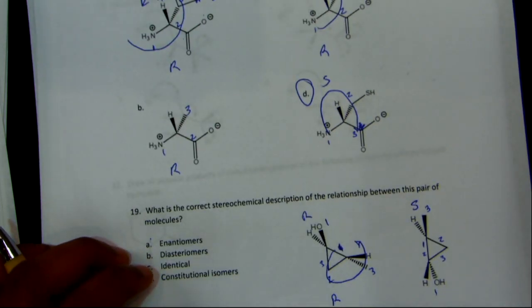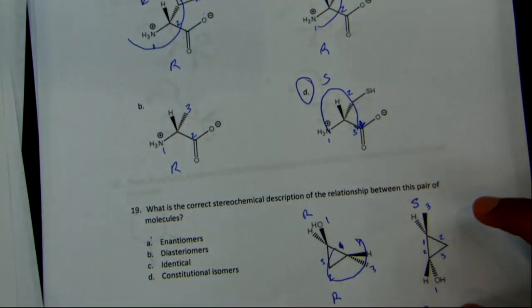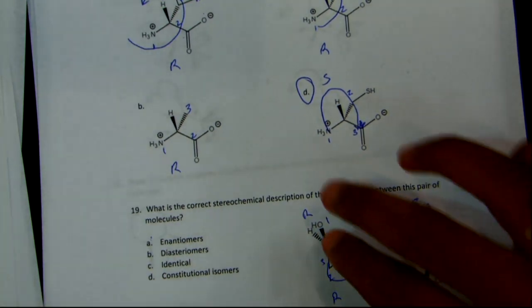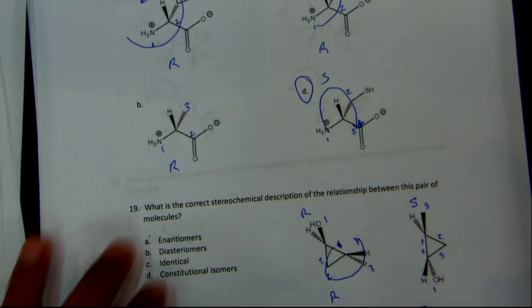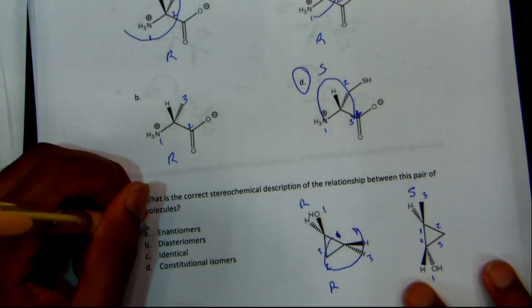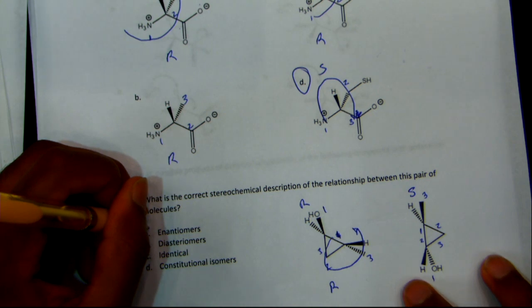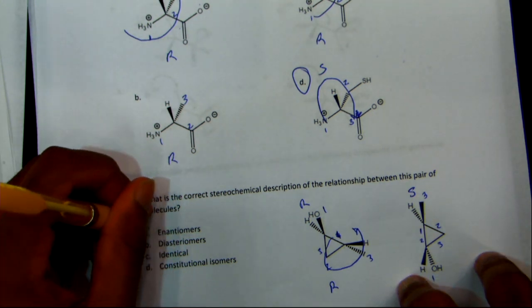Yes, in this, if the connectivity is the same. So if this was RR and this was SR, diastereomers. If none of them switched, but different connectivity, constitutional isomers. Is that cool? Okay, so for constitutional isomers, oh wait, do we do those with chiral centers?